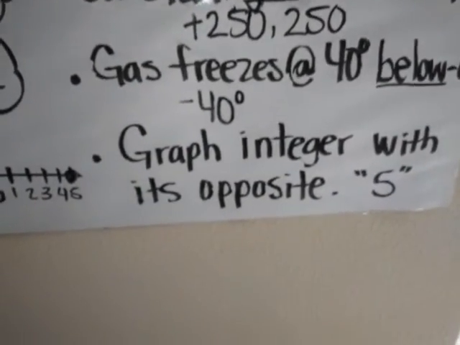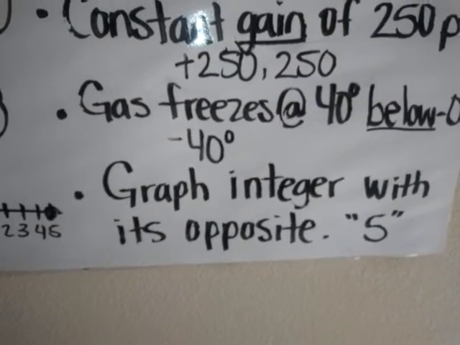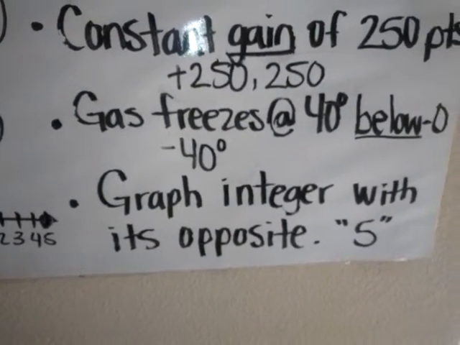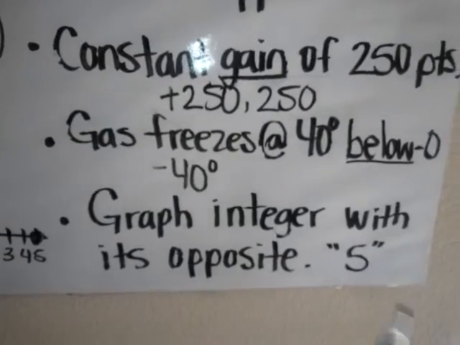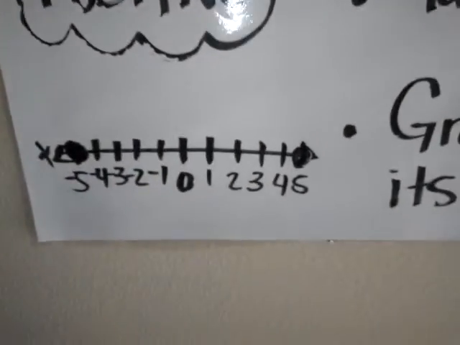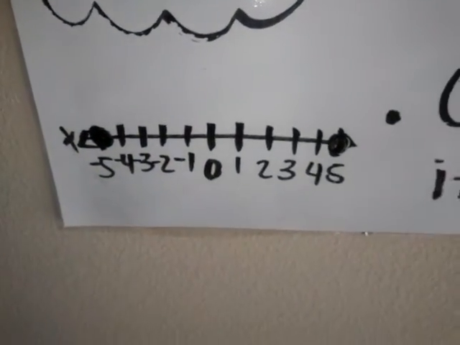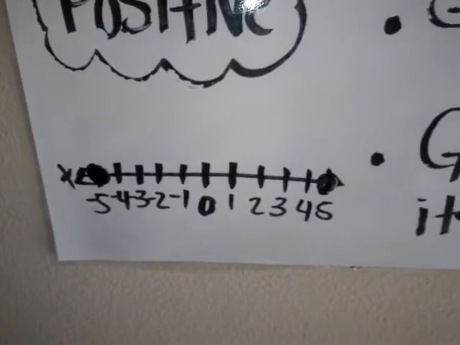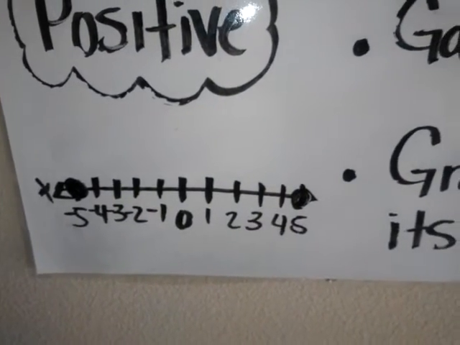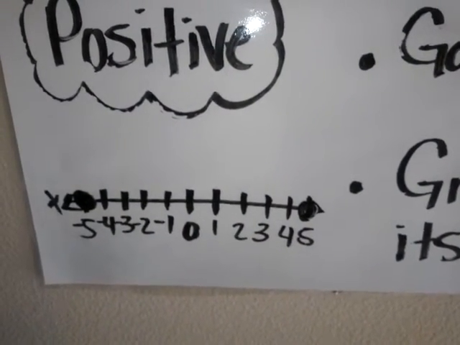All right, the last section we have here is to graph an integer with its opposite. So in this case, we have 5. Over here to my left, I have the graph. I have an x here because we're thinking about the x-axis, which is horizontal on a coordinate plane. You can also have negative and positive numbers with a y-axis, which would be vertical.